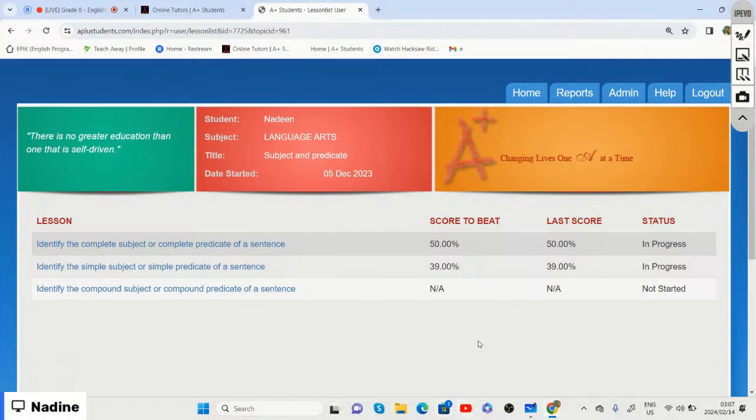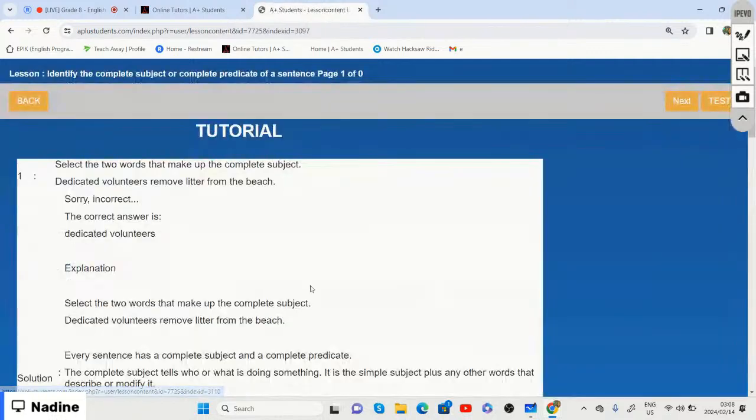We're going to identify the complete subject or complete predicate of a sentence, right?